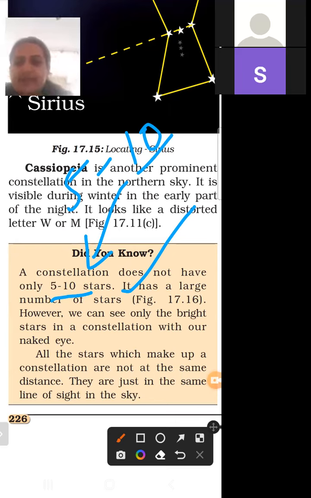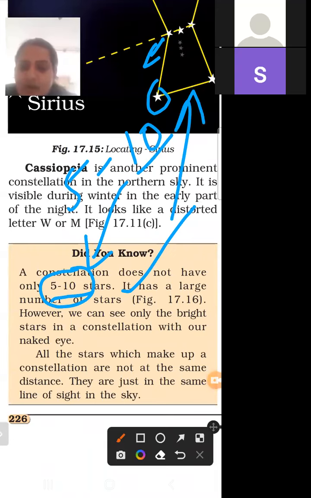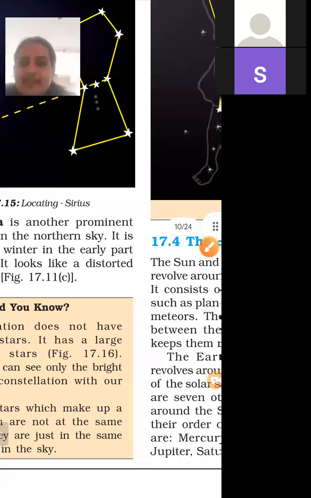Constellations have many stars, but only a few of them are very bright. All the stars which make up a constellation are not at the same distance. They are just in the same line of sight in the sky. So we can see them in the same line, but they are not actually in the same line.